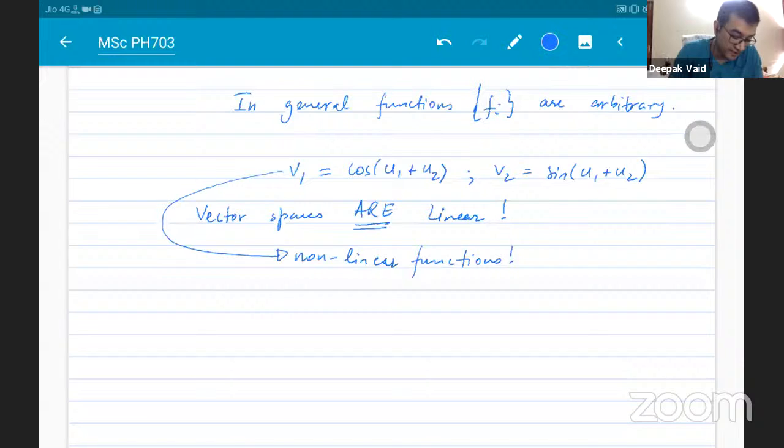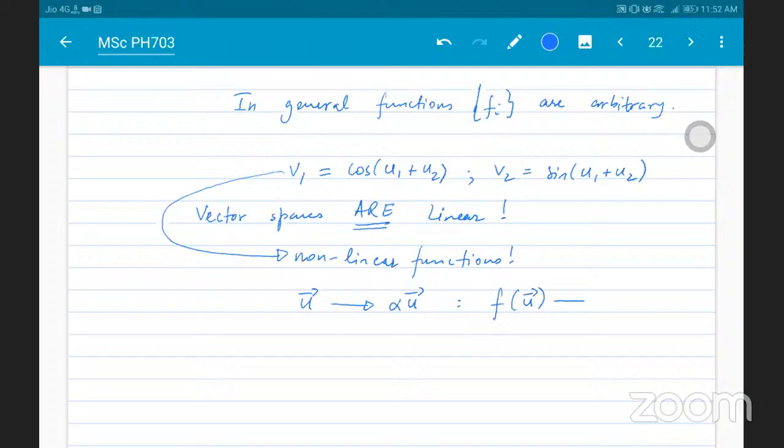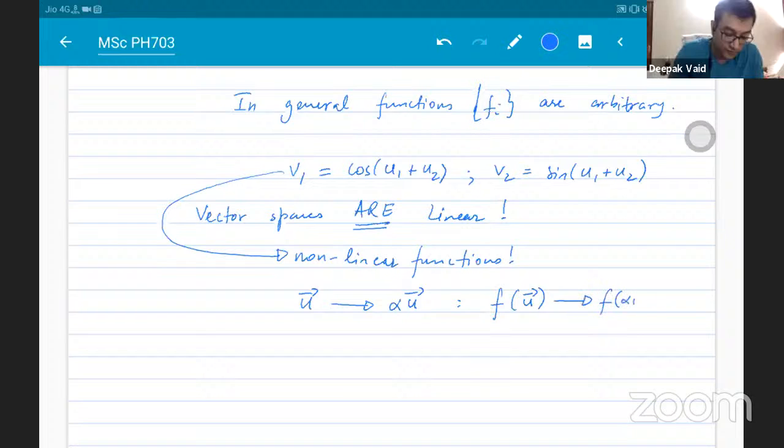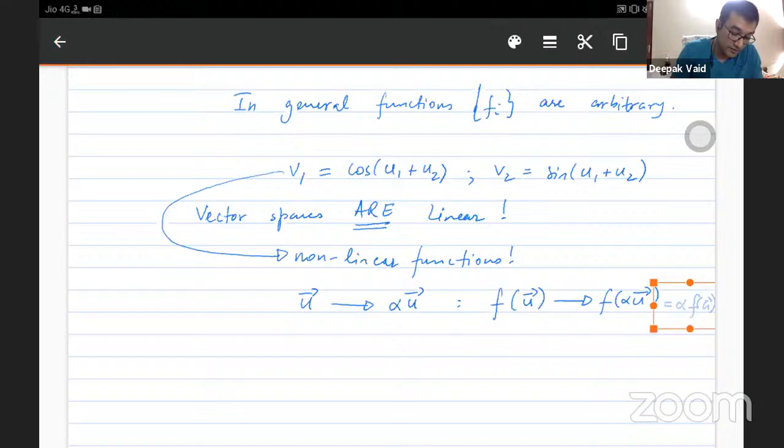So what is the meaning of linearity? Linearity means if I take my vector U and multiply it by some number alpha, then my function of U becomes f of alpha u, and this should be equal to alpha times f of u. This is the meaning of linearity.